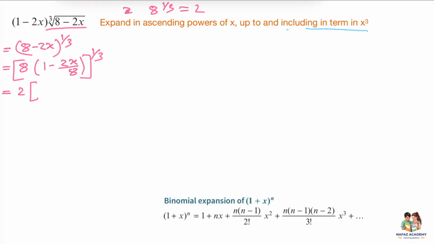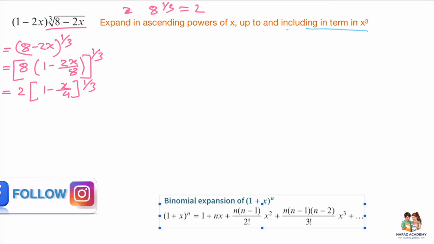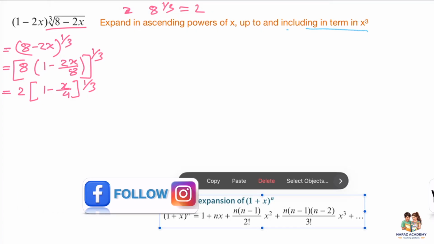How to take it common? 8 common, 1 minus 2x over 8 whole to the power 1/3, and the third line is 8 to the power 1/3 means 2. Use your calculator or mentally you can calculate it. 8 to the power 1/3 means 2, right? 2 to the power 3, the 3 cancels, it is 2.